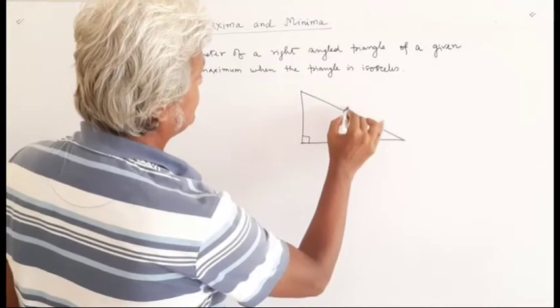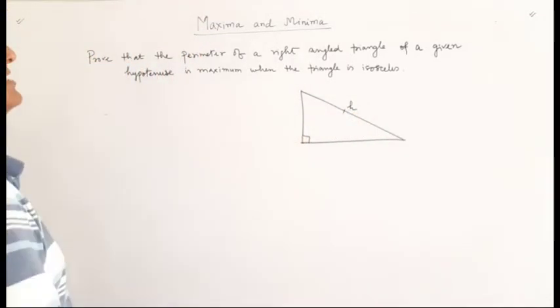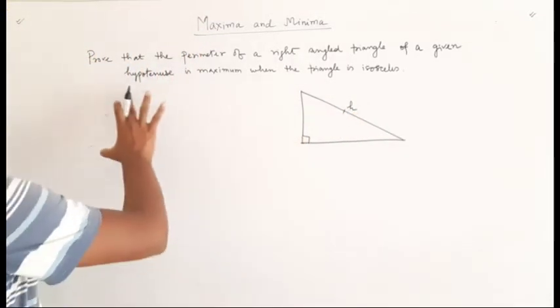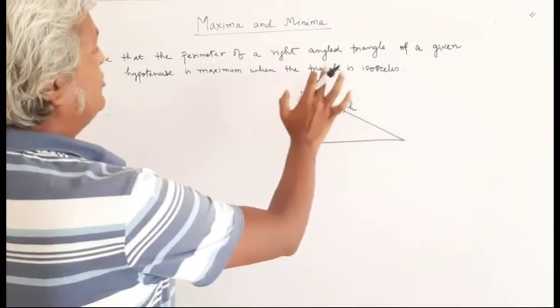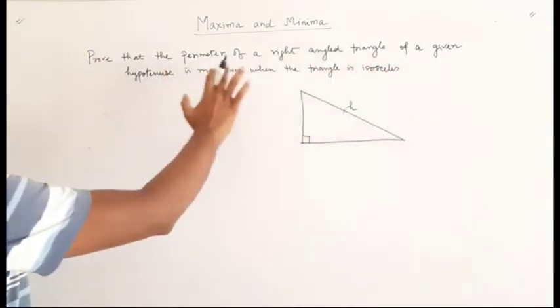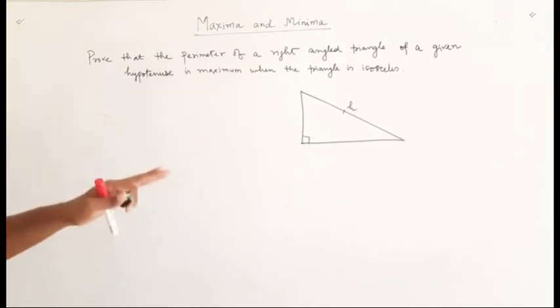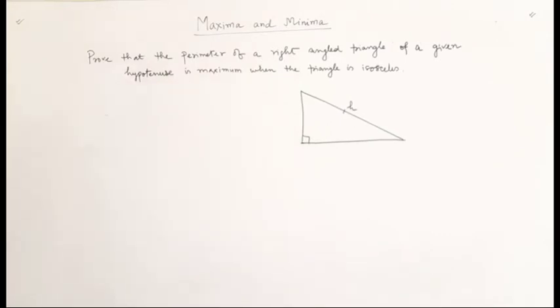So this hypotenuse h is given, so you can take it as constant.